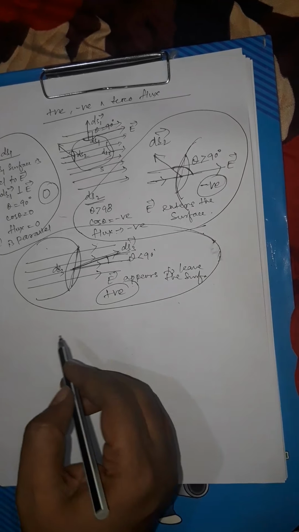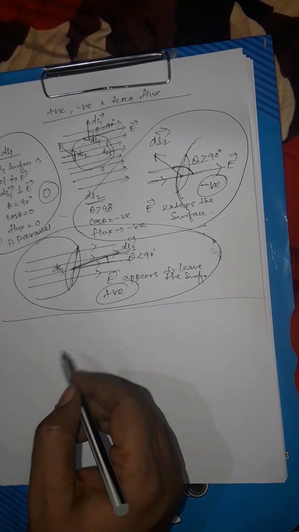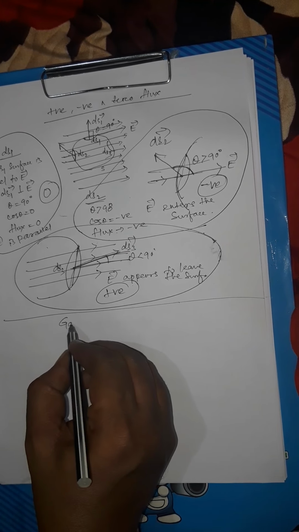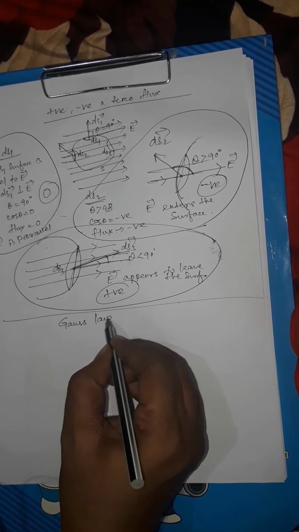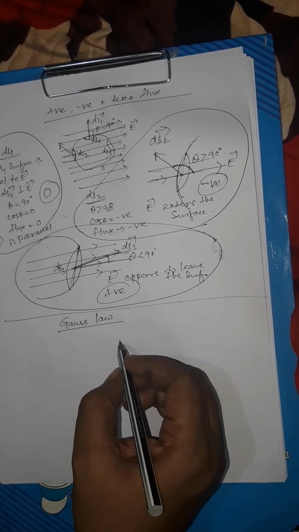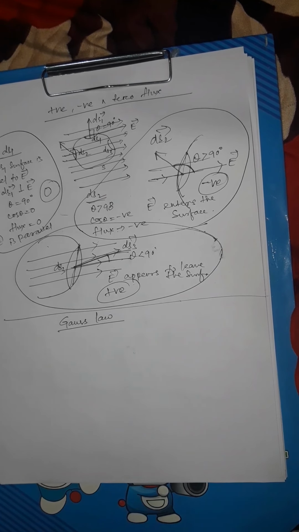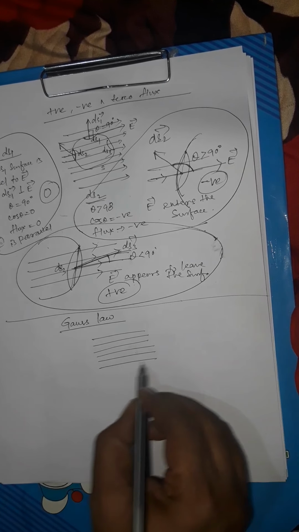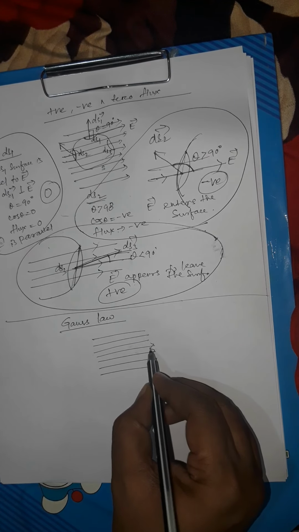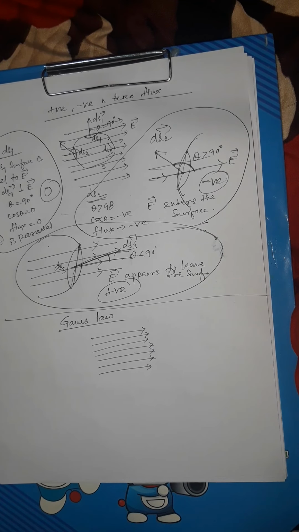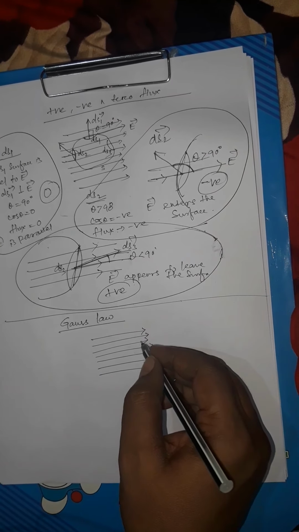Okay, based upon this positive, negative and zero electric flux, we have a law called Gauss law. And Gauss law states that the electric flux through any closed surface in an electric field is the measure of the electric lines of force, or in general you can say the measure of the electric charge enclosed by that surface.